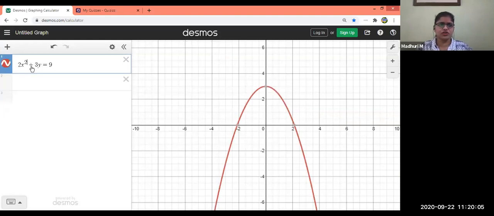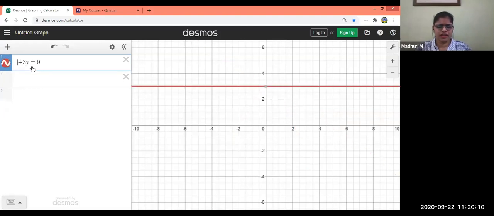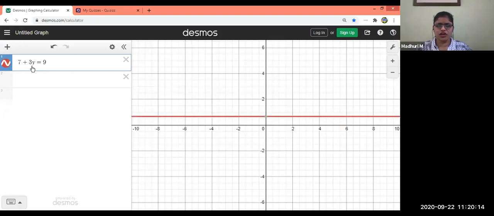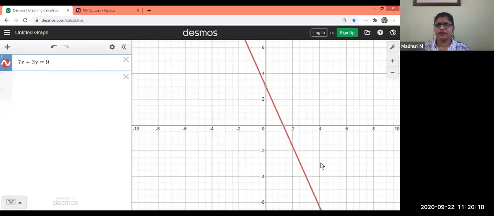Again, if I change this to a degree 1 equation, let me put in any number, let's say 7x. So you all can check 7x plus 3y equals 9. The graph will be a straight line. It is not a curve. It is not any curve, it is always a straight line. If you wish, we can also put in some negative numbers and check.